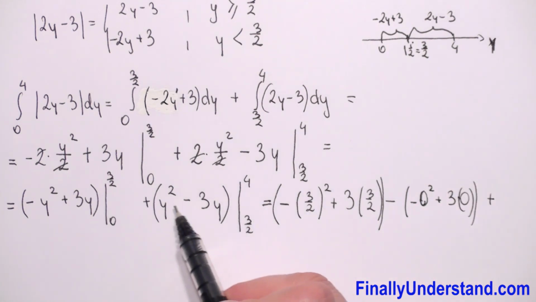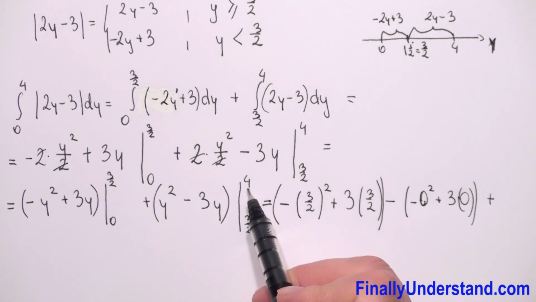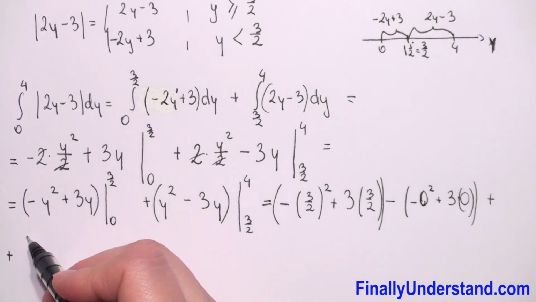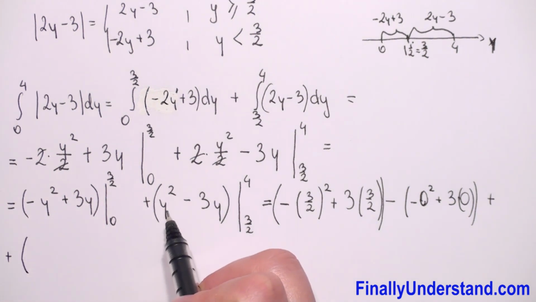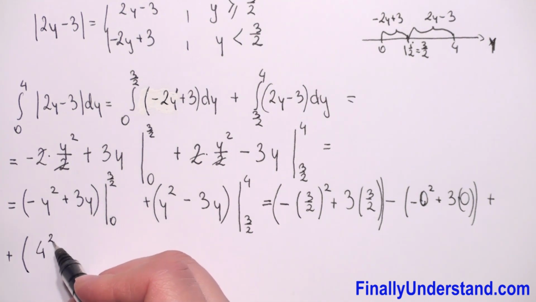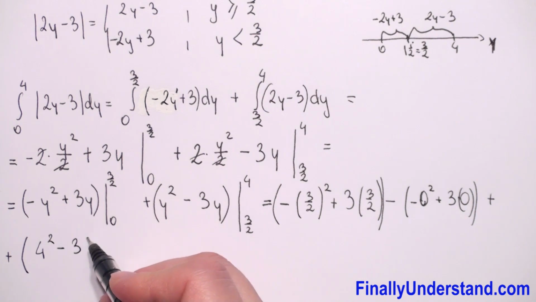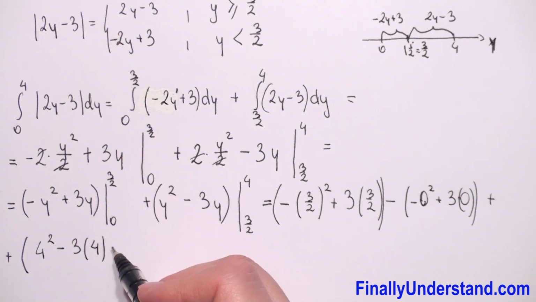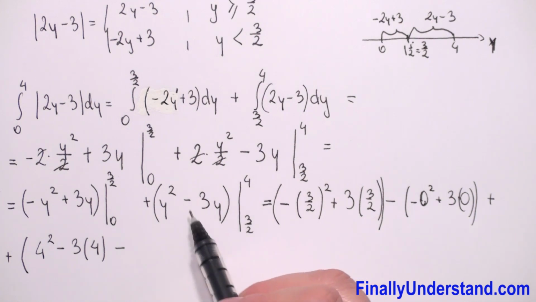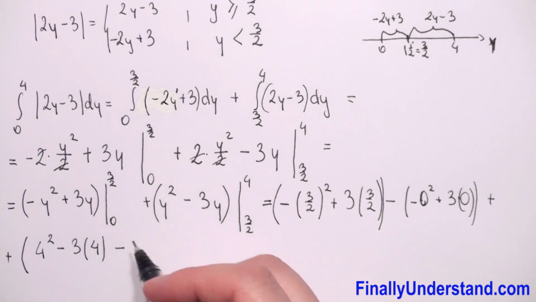Plus, and next we have to plug first upper limit to this expression. So we have plus, and I will put this in parentheses. It will be y squared, so will be 4 squared minus 3 times 4. And now we have to subtract the lower limit, so it means we have to replace y's by 3 over 2.